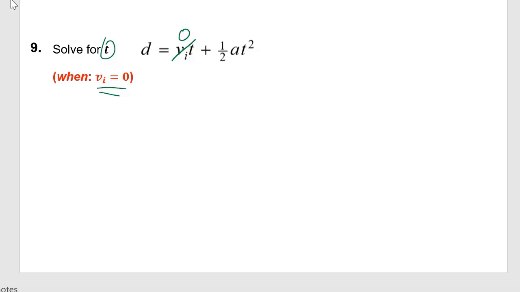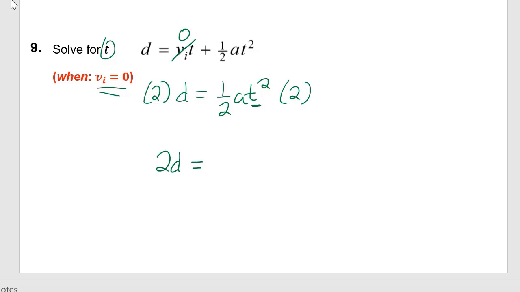From the last example, we have 0 times t is 0, so we're left with just d equals 1/2 at squared. We want to solve for t, so we want to get t squared by itself. I'm going to multiply by 2 on both sides to get rid of the fraction, and the 2's will cancel.